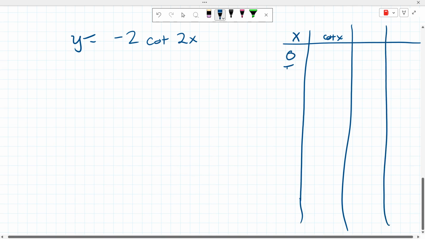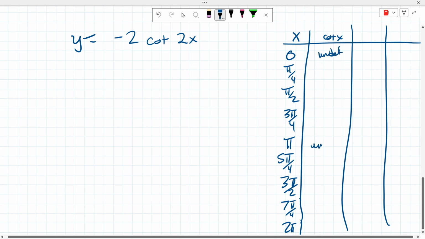So we start at 0, pi over 4, pi over 2, 3 pi over 4, pi, 5 pi over 4, 3 pi over 2, 7 pi over 4, 2 pi. So we start out with an undefined here, here, and here. Pi over 4 I know is 1. Then we go to 0. Then we go -1. 1, 0, -1.